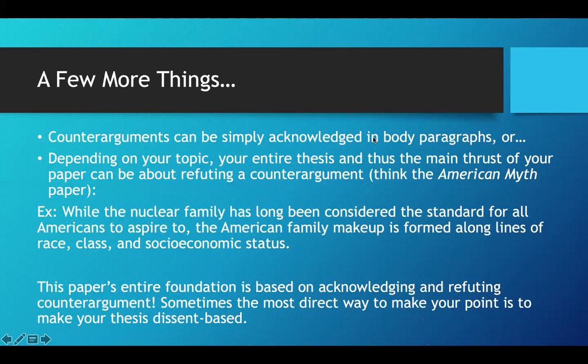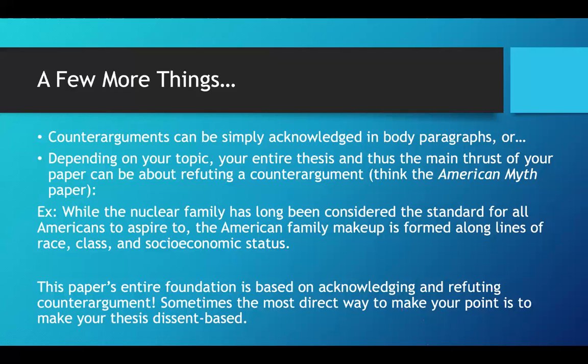So here's an example of a thesis from that set of papers. While the nuclear family has long been considered the standard for all Americans to aspire to, the American family makeup is formed along lines of race, class, and socioeconomic status. So if you look at that thesis statement, the first part, while the nuclear family has long been considered the standard for all Americans to aspire to, that's acknowledging the counter argument.